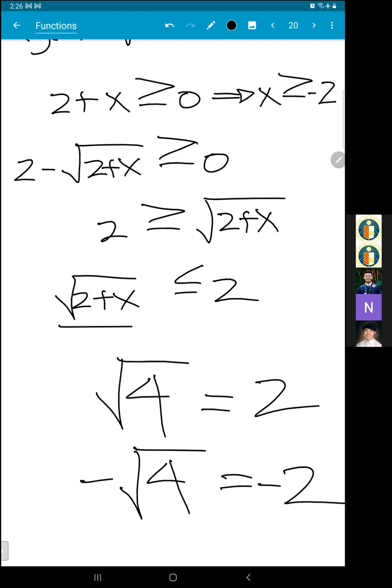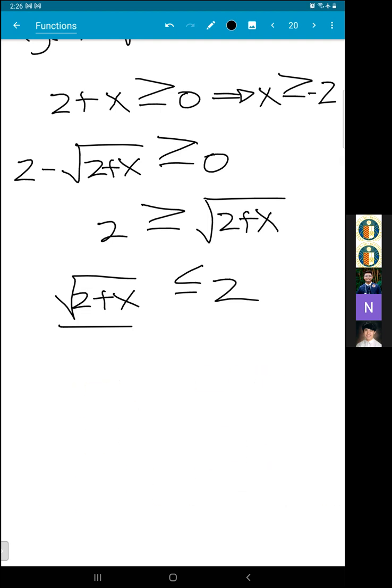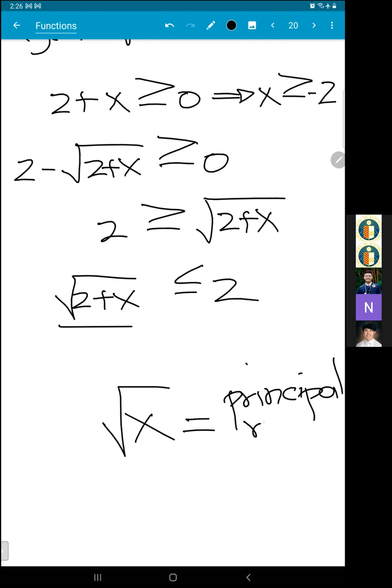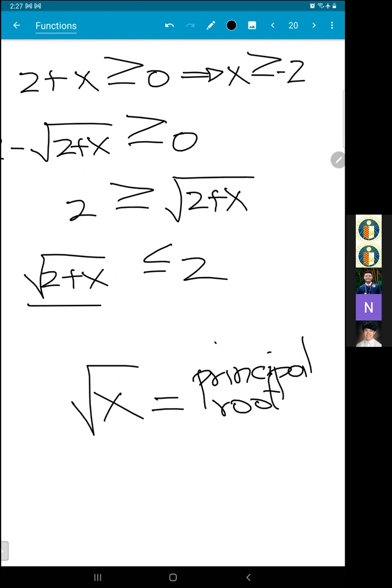Okay, so square root of x means the positive, the principal root. Students still get confused on that, whether you mean both positive and negative roots or just the principal root. So the principal root again is the positive root.